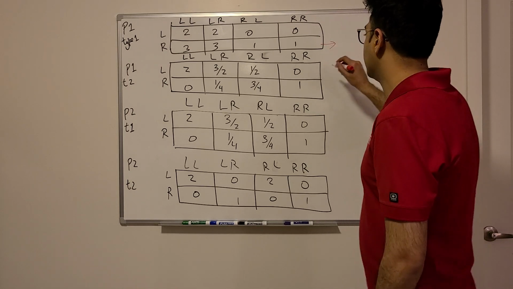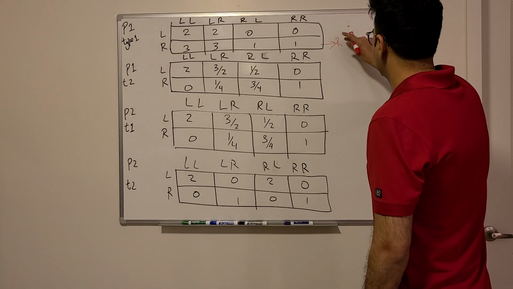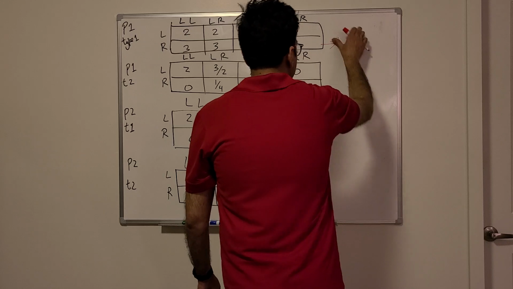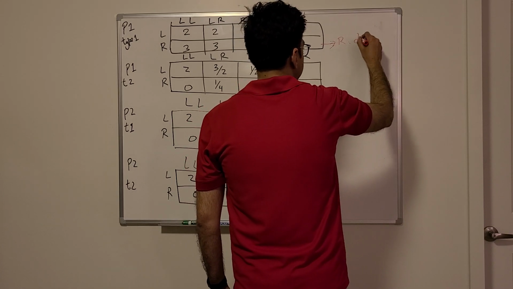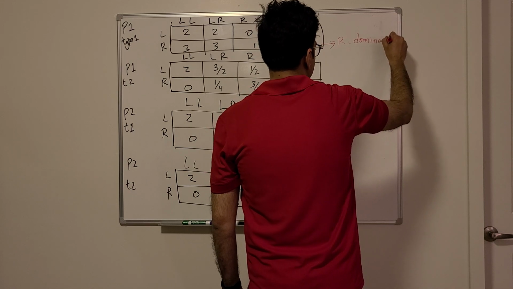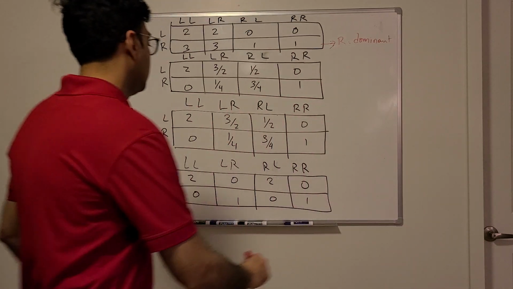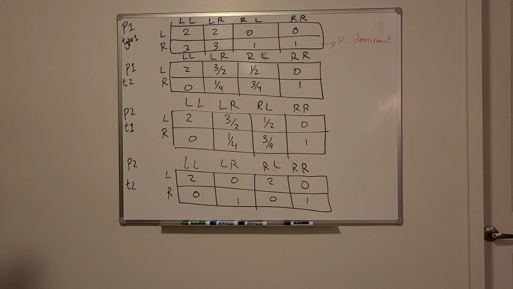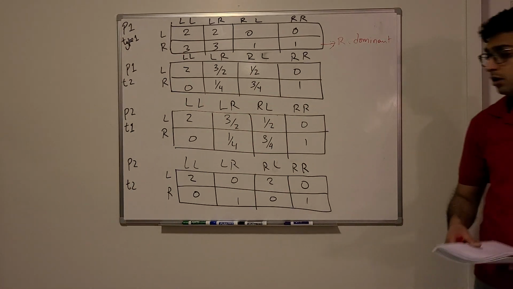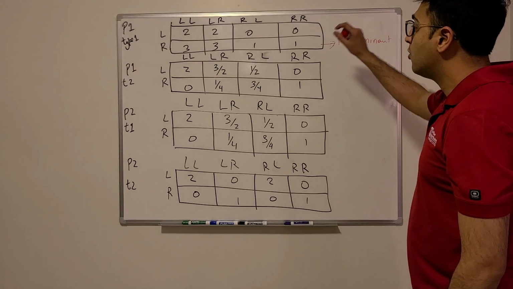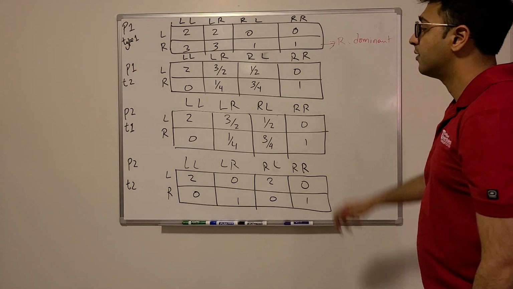So R is a dominant strategy. Now we know that player 1 type 1 always plays R.